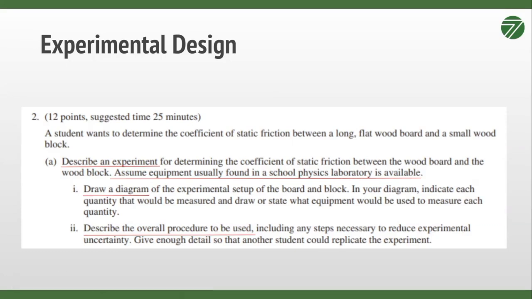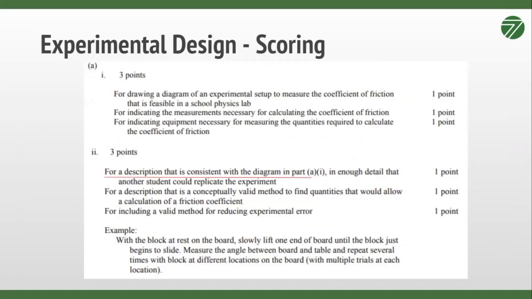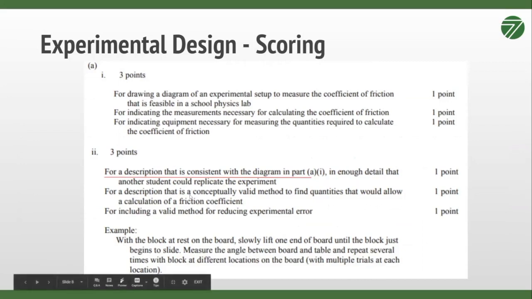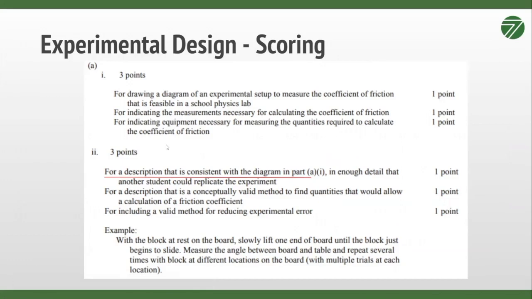So then again, I want to look at the grading rubric for this, just so you can see how they score these. So for part A, the first point was drawing the diagram.